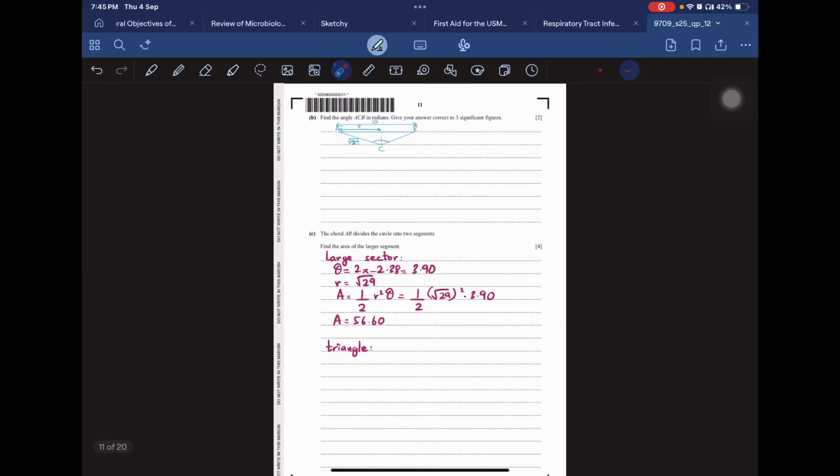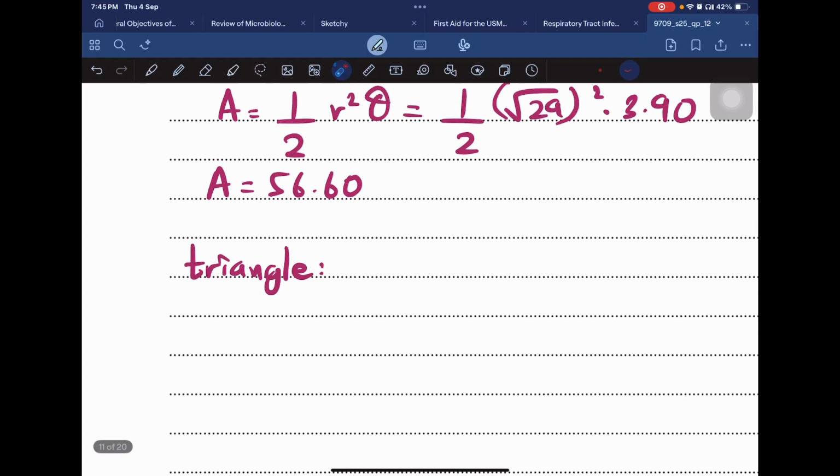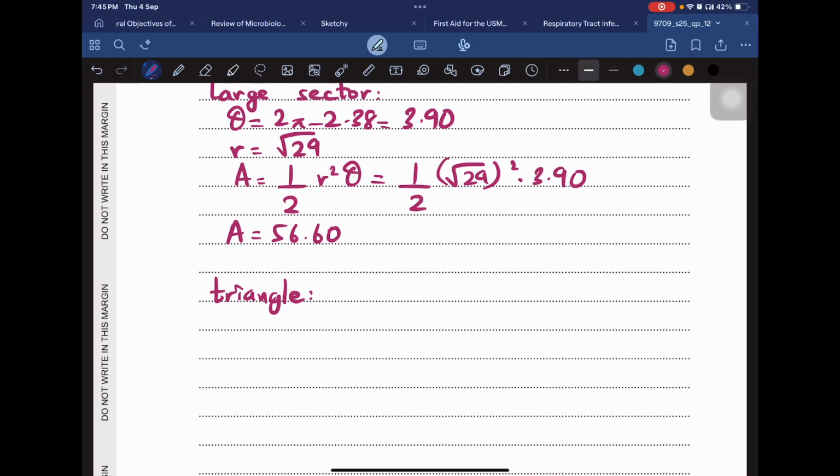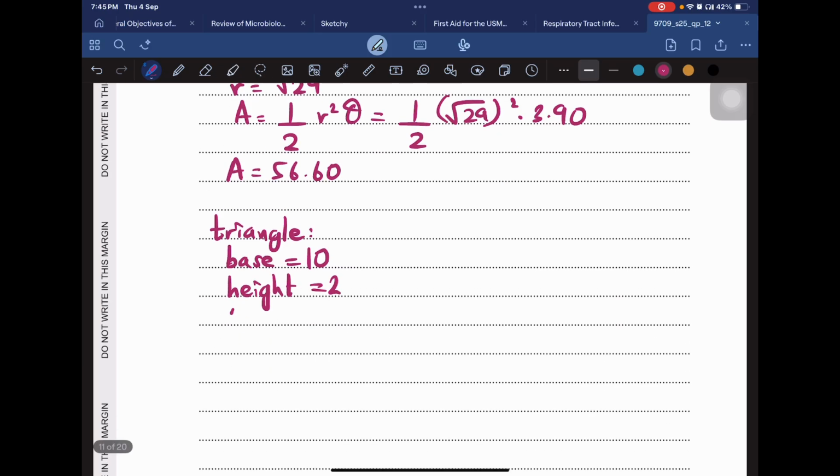So we can write that base is 10, height is 2, so area is half times base times height, so half times 10 times 2, so area is 10.